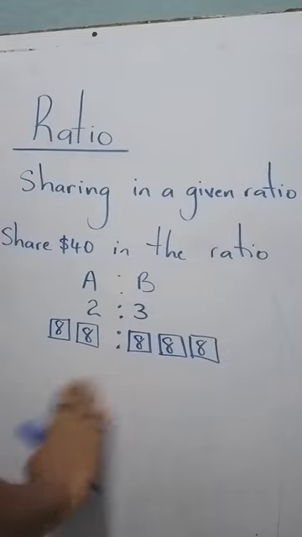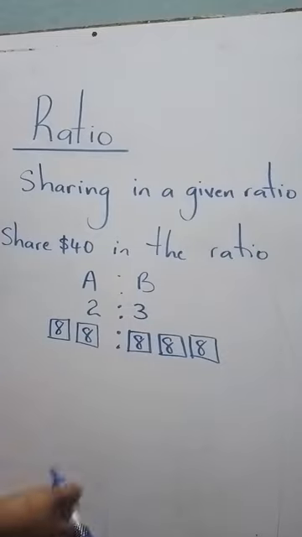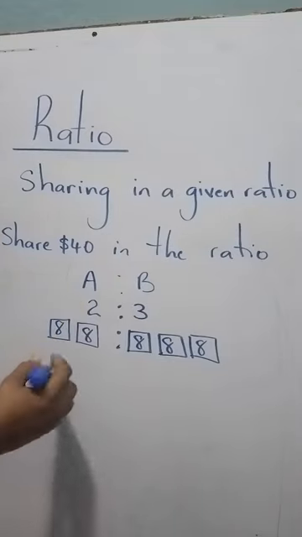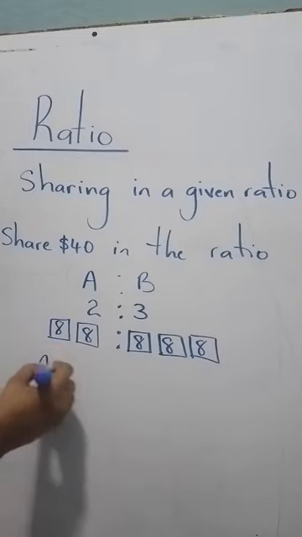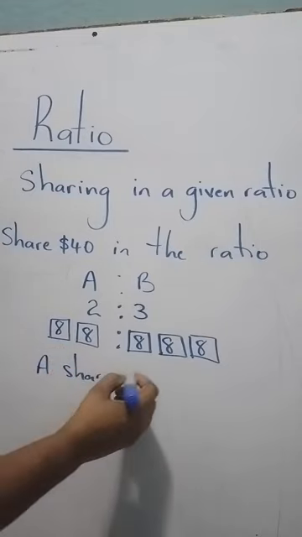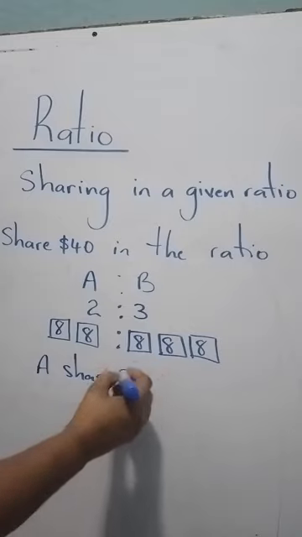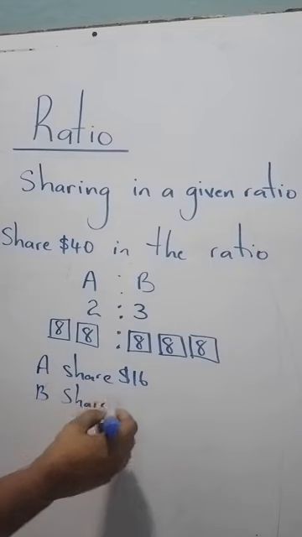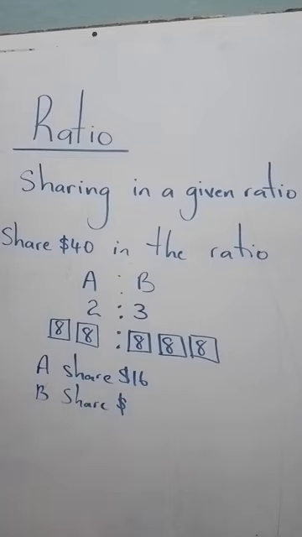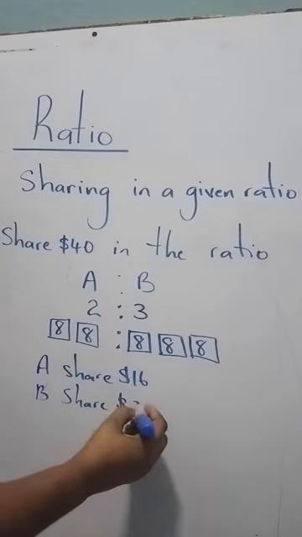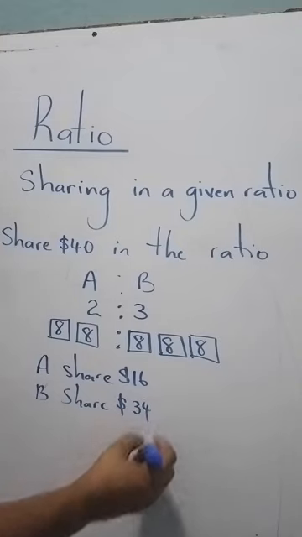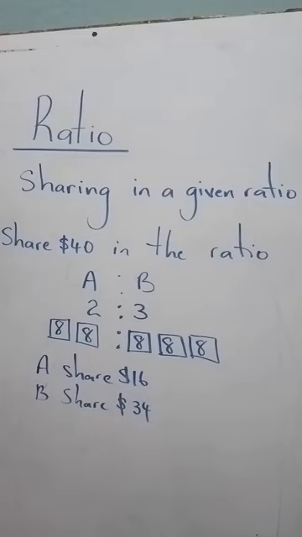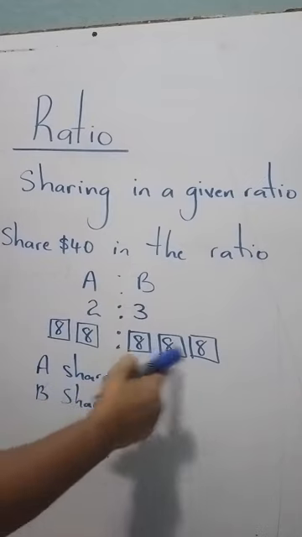Now, the question could ask you, how much money is A's portion? Since A got 2 parts and it's $8 plus another $8, then A's share is $16. B's share is $24, sorry. 3 eights is 24.